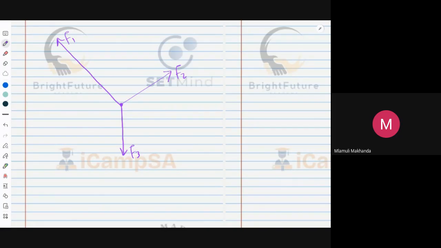If you calculate the resultant force, and I will show you, don't worry about it now. Remember, a resultant vector is basically a vector that represents this whole situation in just one vector, right? It summarizes whatever is happening here. All these forces are summarized by one vector.